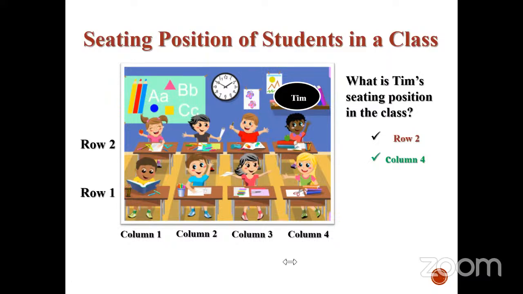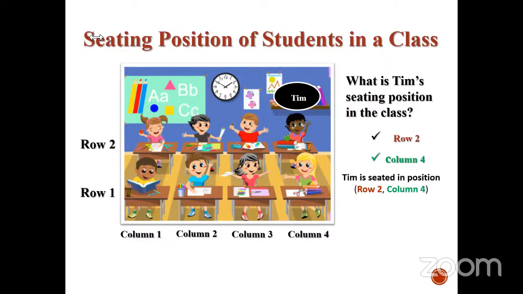Very good. So we could say then that Tim is seated in position row 2, column 4. All agreed? Type yes in the chat. All right, the yeses are coming in.